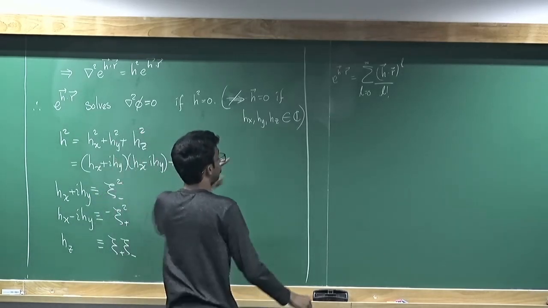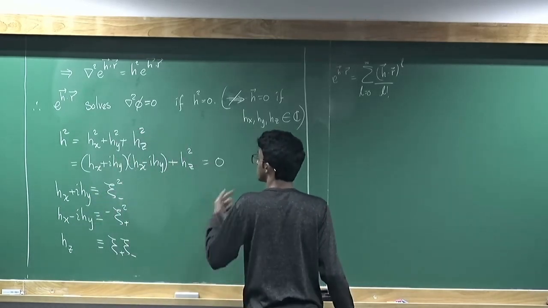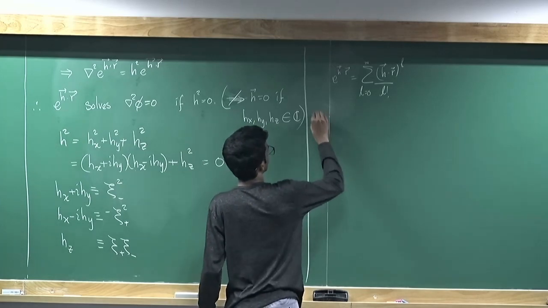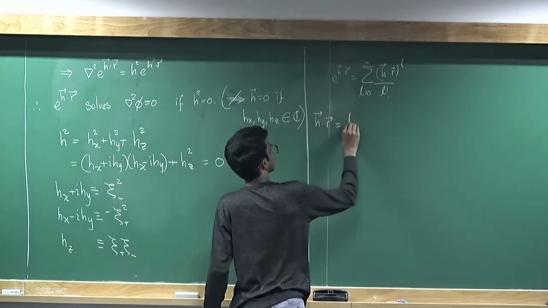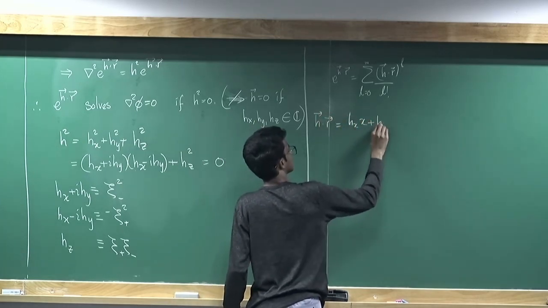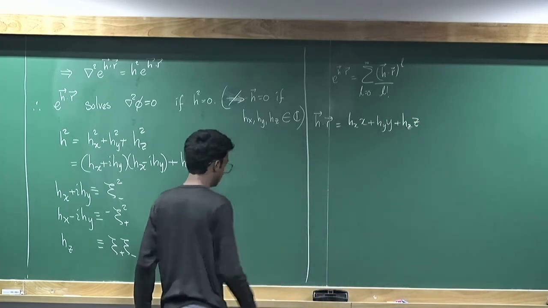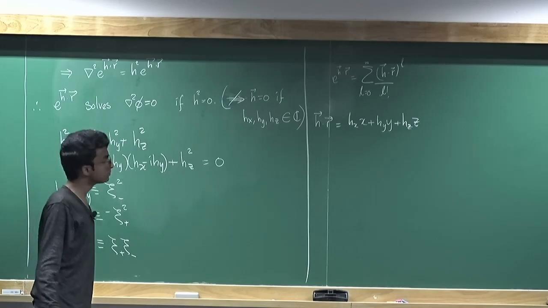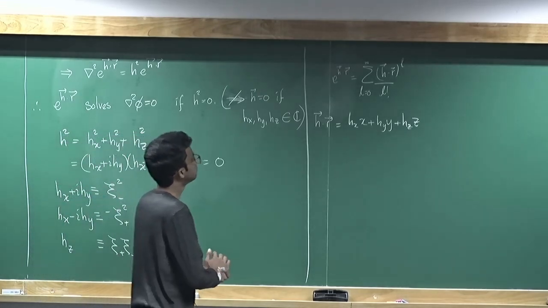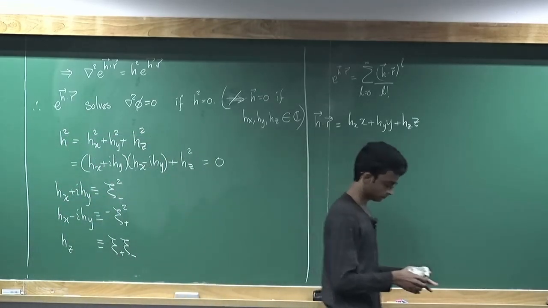So we need h dot r to the L. So let's simplify h dot r first. h dot r is equal to hx x plus hy y plus hz z.